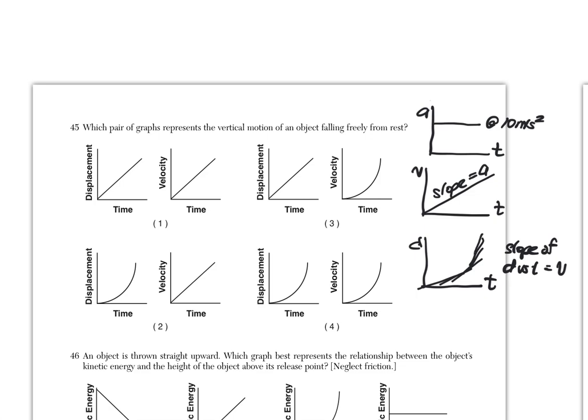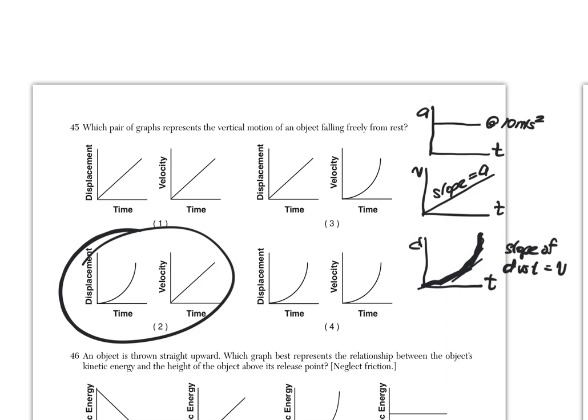And how does that look but a curve like so? And so the v versus t should increase at a steady rate, and the d versus t should curve upwards. And so that is choice 2. Technically, and since there's such hair splitters on the Regents, the velocity is negative. So the speed, if that said speed versus time and distance versus time, those would be accurate.